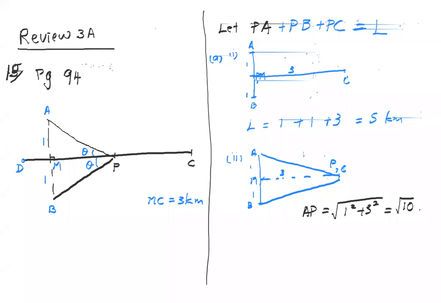So therefore, the total length of the wire will be 1 plus 1. Do I need to put 1 plus 1? No. Sorry, I'm wrong. Yeah, for this case it is correct. So I have to join P to A, P to B, and PC is 0. Okay, so this is not included.